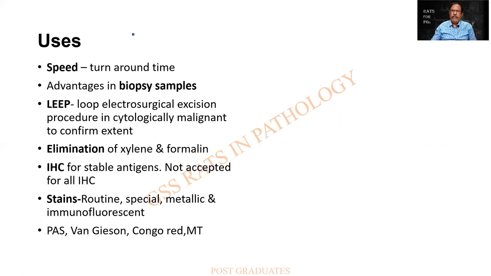It is processed by microwave, and the patient can also be sent back to the ward. In case it turns out to be malignant, the patient can be admitted and the surgery can be done the same day. So, do this procedure at 8 o'clock, the surgery can start by 2 o'clock. That is what it means. All the other things have already been mentioned in the earlier slide. Kindly go through it.